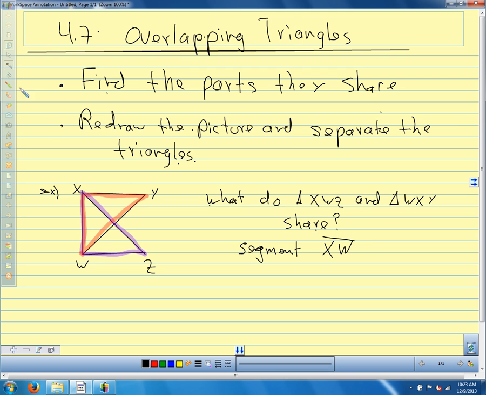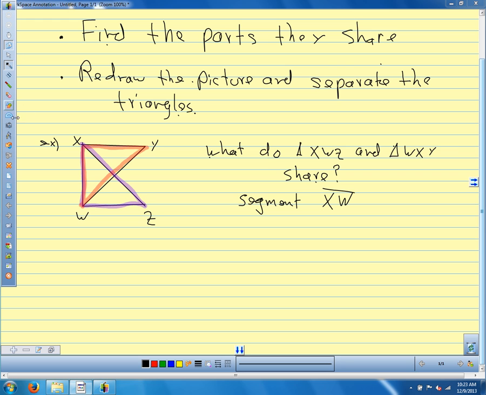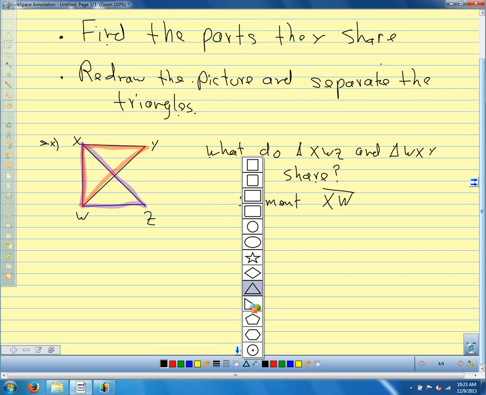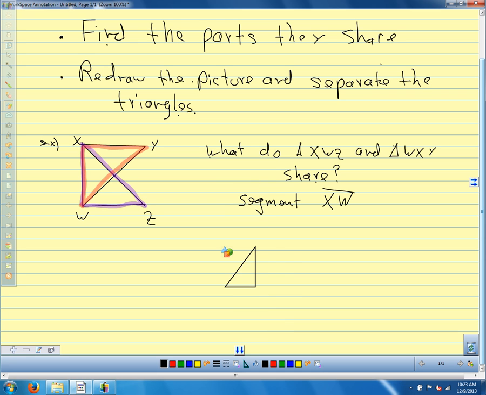And the other thing that we could do, if we wanted to, is draw them as separate triangles. So let me draw this. That's not the kind of triangle I want. I want this kind. So there's triangle XWZ.